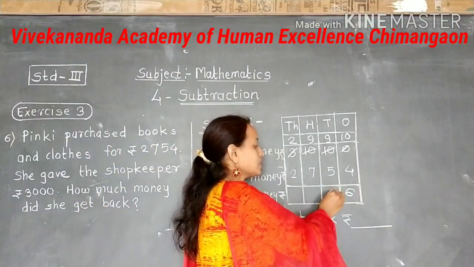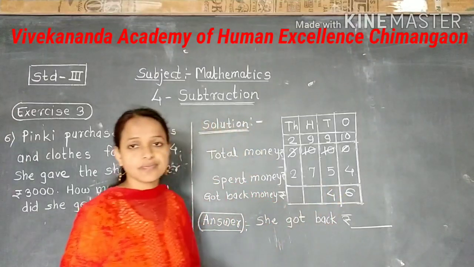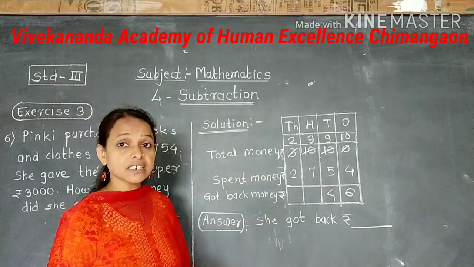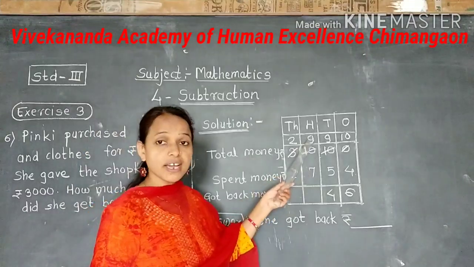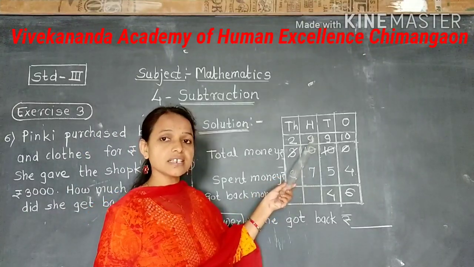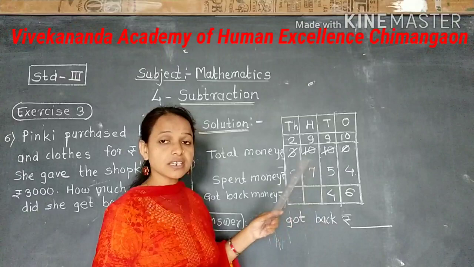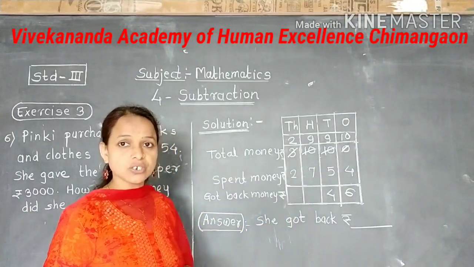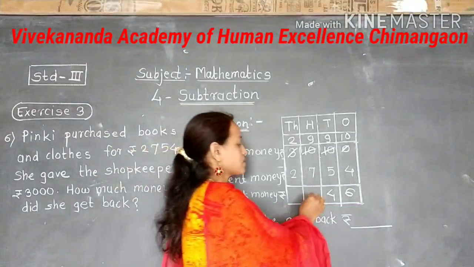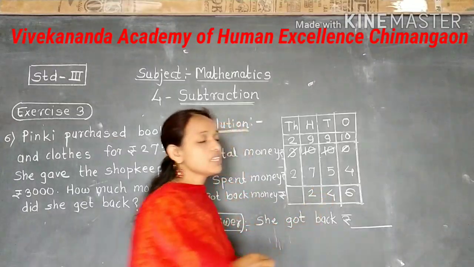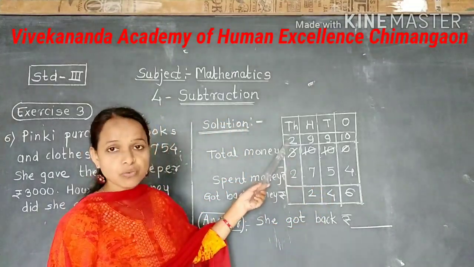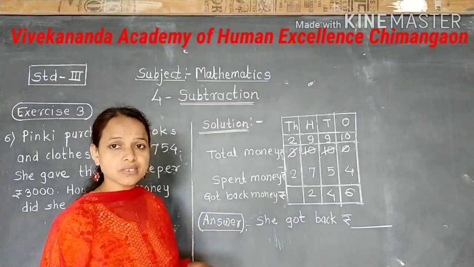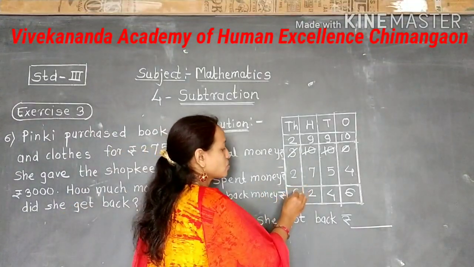We write 4 in the tens place. Next subtract hundreds. Subtract 7 hundreds from 9 hundreds. 9 hundreds minus 7 hundreds remain 2 hundreds. We write 2 in the hundreds place. And finally subtract thousands. Subtract 2,000 from 2,000. 2,000 minus 2,000 is 0.